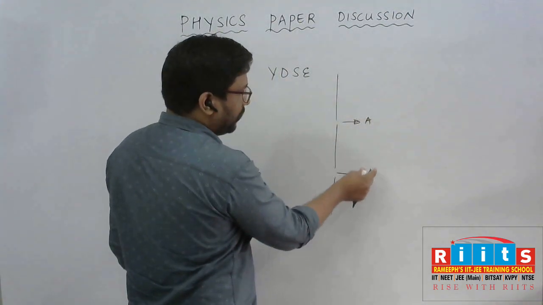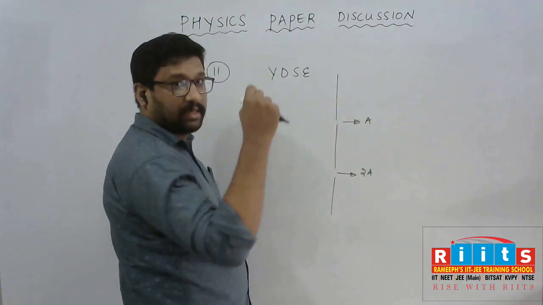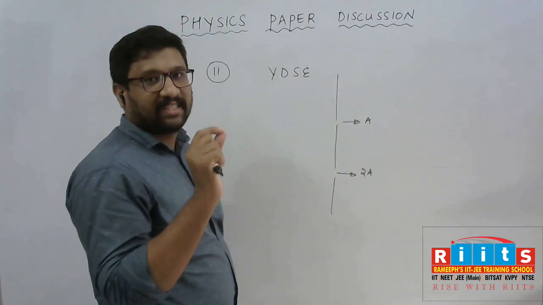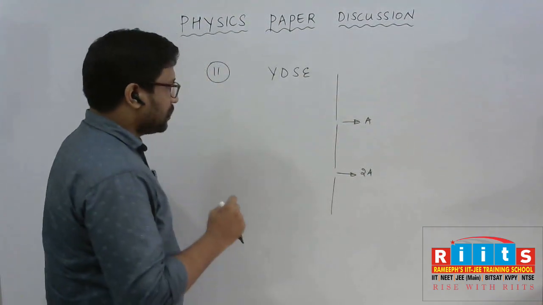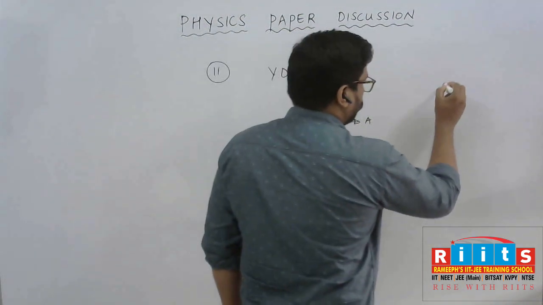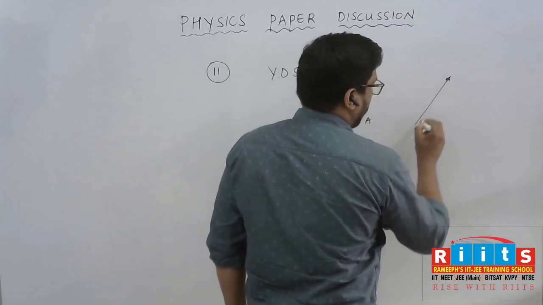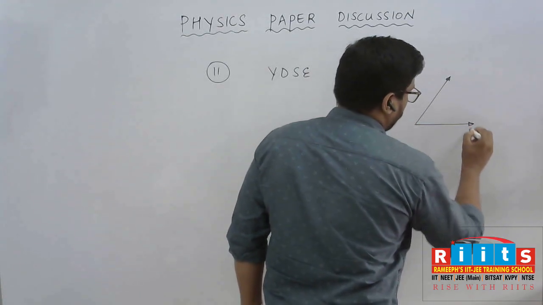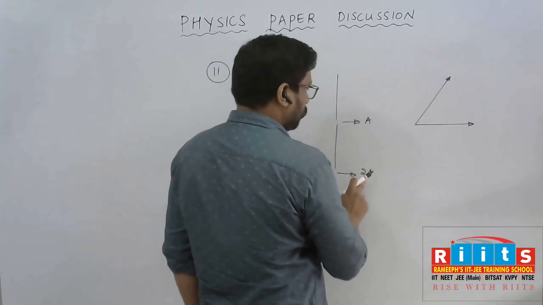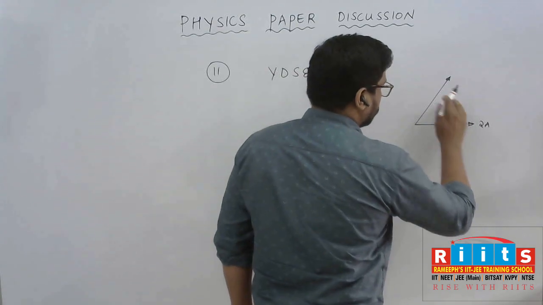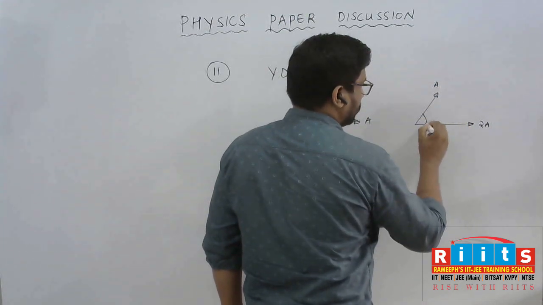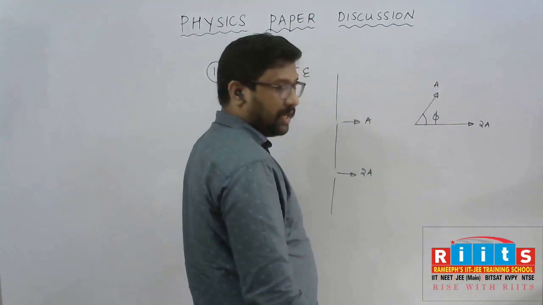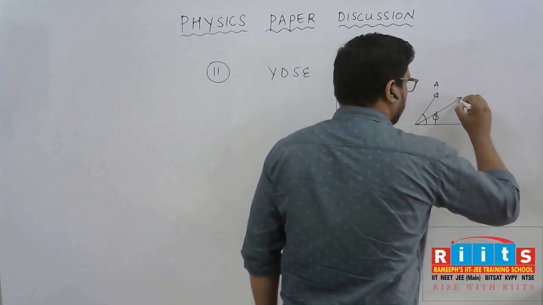If these two light waves are interfering at a point on the screen with phase difference phi, what will be the resultant amplitude? Actually this question you can do with the help of phasor addition. If one amplitude is 2A and the other amplitude is A and the phase difference between them is phi, how can you find the value of the resultant amplitude?